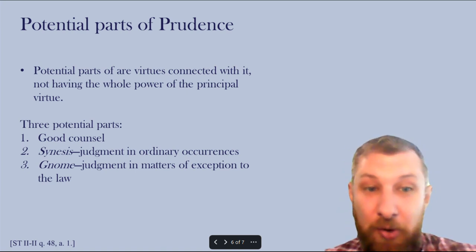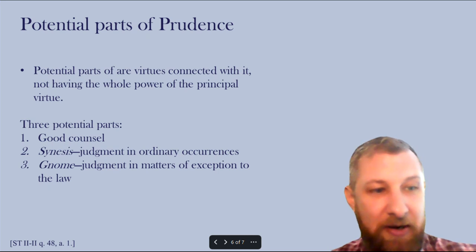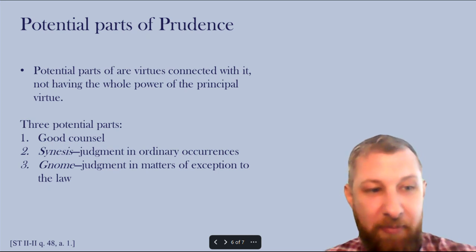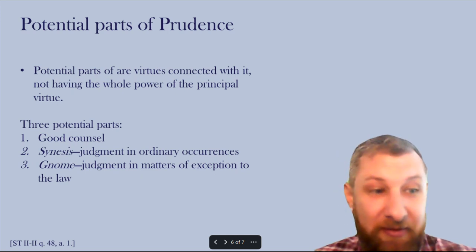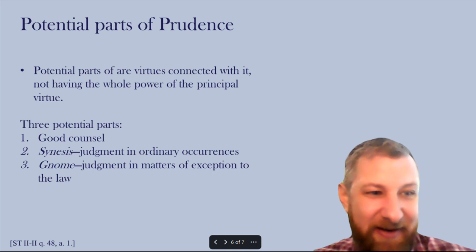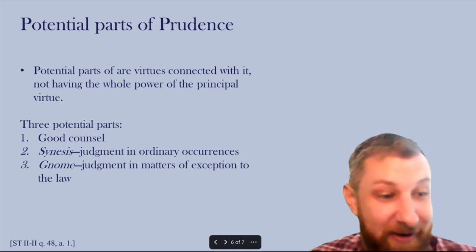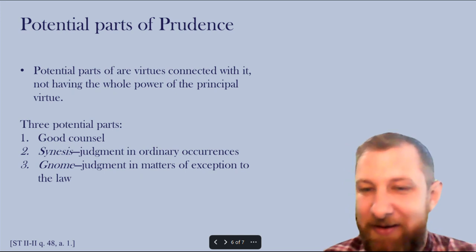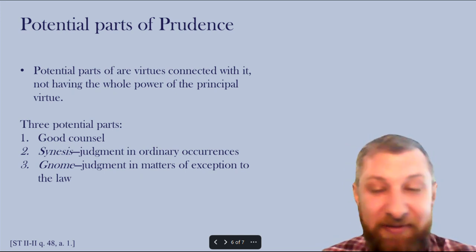Now, gnome is for exceptions to the law. So, if three people were guilty of shoplifting, and it turns out one of these people was a teenager, and another one was a drug addict, and another one was somebody very poor, and they were stealing to feed their family.